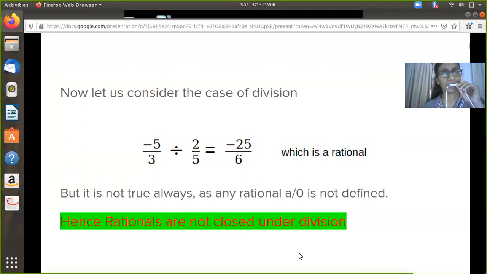In such an instance, I am ending up with an undefined quantity, which means I cannot generalize that rationals are always closed under division, because there are instances where the denominator may become 0 and hence we end up with an undefined quantity and our verification becomes false. Hence we cannot generalize that rationals are closed under division.